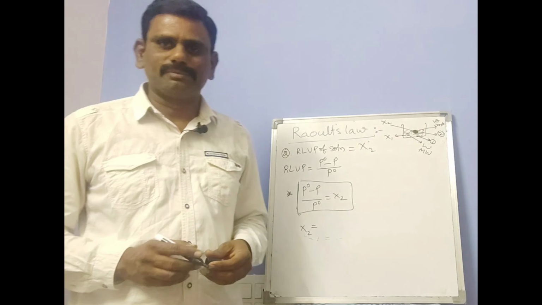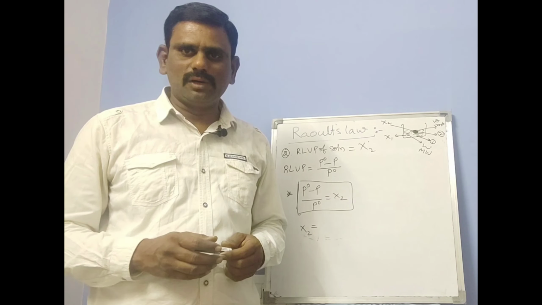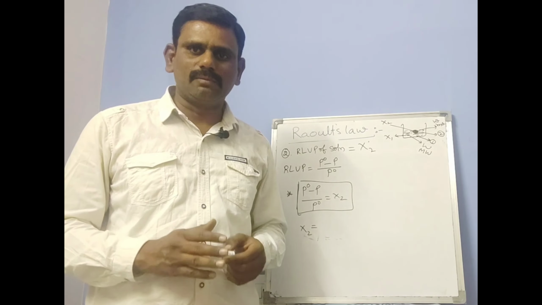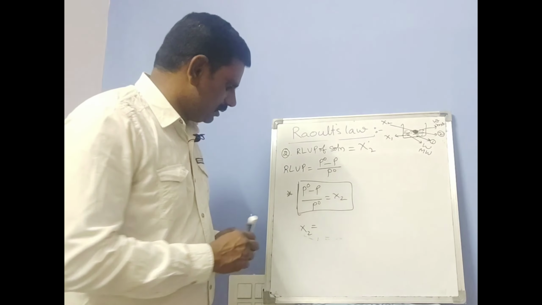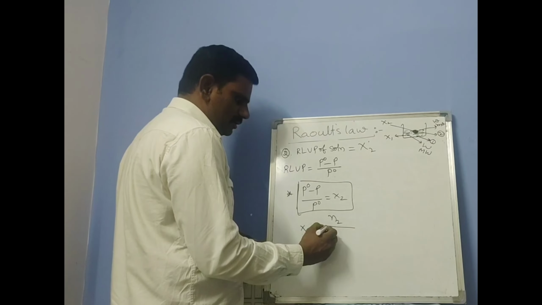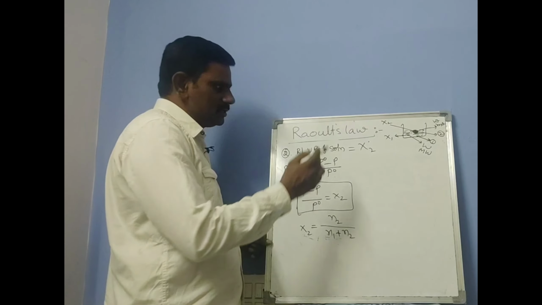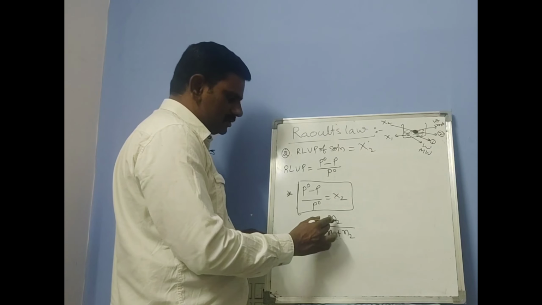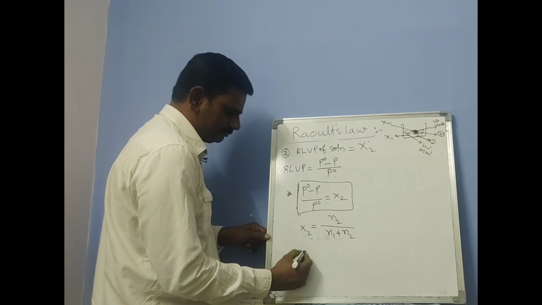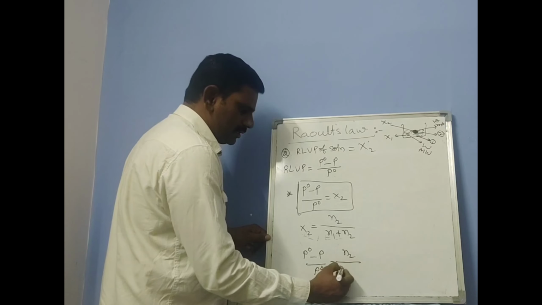Mole fraction is defined as the ratio of number of moles of one component to the number of moles of all the components in the solution. Mole fraction of solute means number of moles of solute by total number of moles of all the components in the solution. So x2 is equal to n2 by n1 plus n2. I substitute here. Then P naught minus P by P naught equals n2 by n1 plus n2.